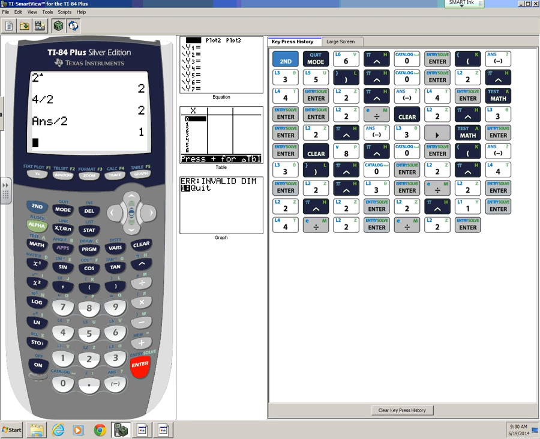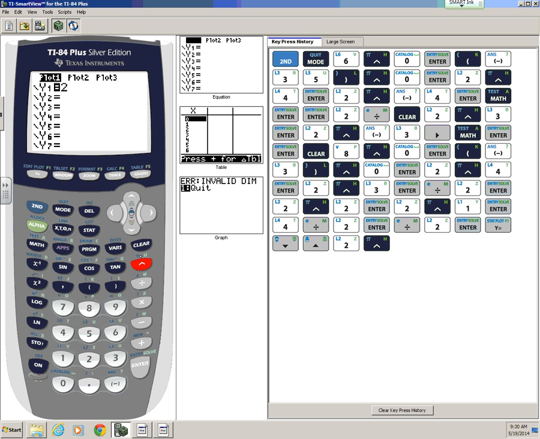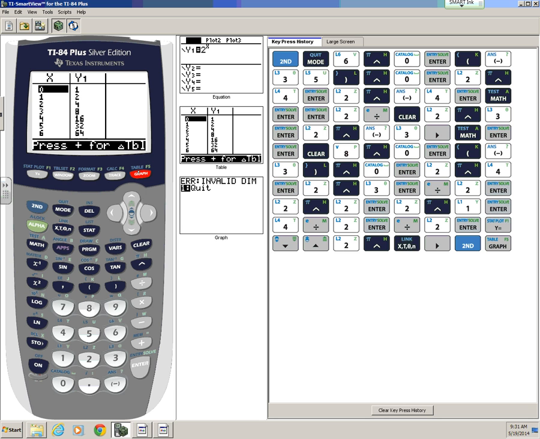If I think about that power, if I deal with something like y equals 2 to the power of x, and I go to the table of values, you can see what's happening, right? 2 to the fourth power is 16. 2 to the third is 8. 2 to the second is 4. 2 to the first is 2. 2 to the 0 is 1.